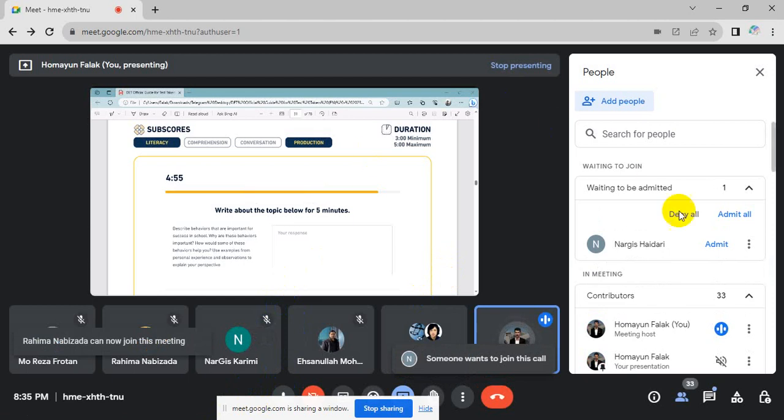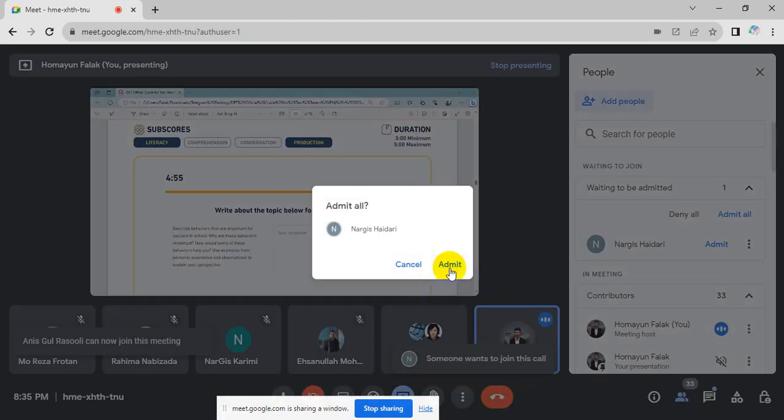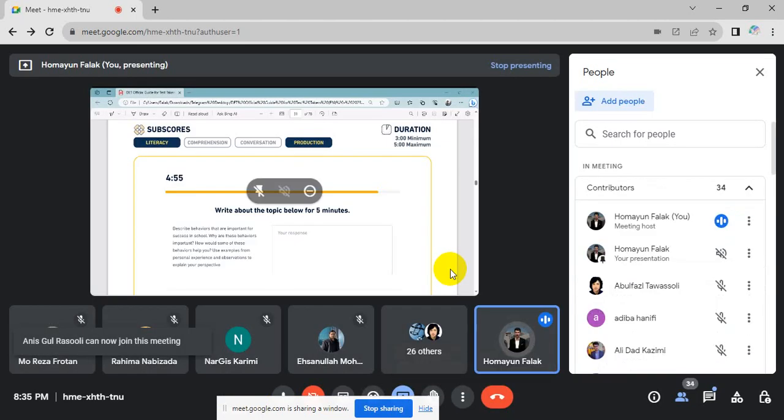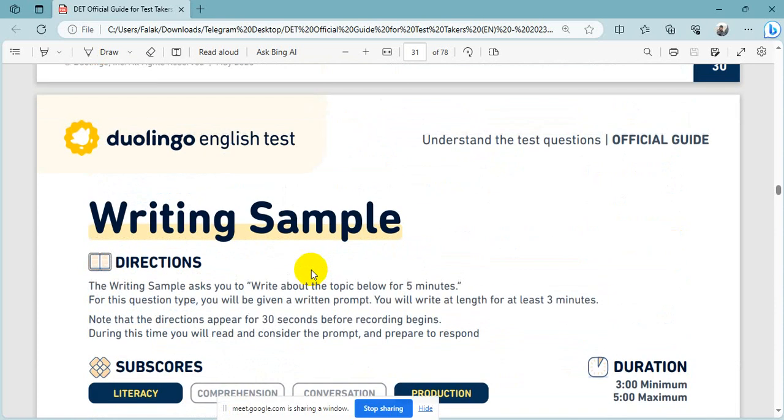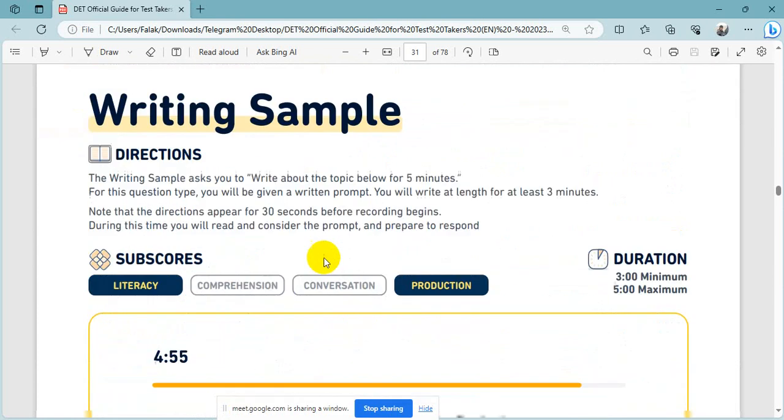Most of the time, universities even ask you for your Duolingo writing sample or your Duolingo speaking sample. Sometimes they even use the speaking sample of your Duolingo English test as their interview. So this significant and important these two question types are.